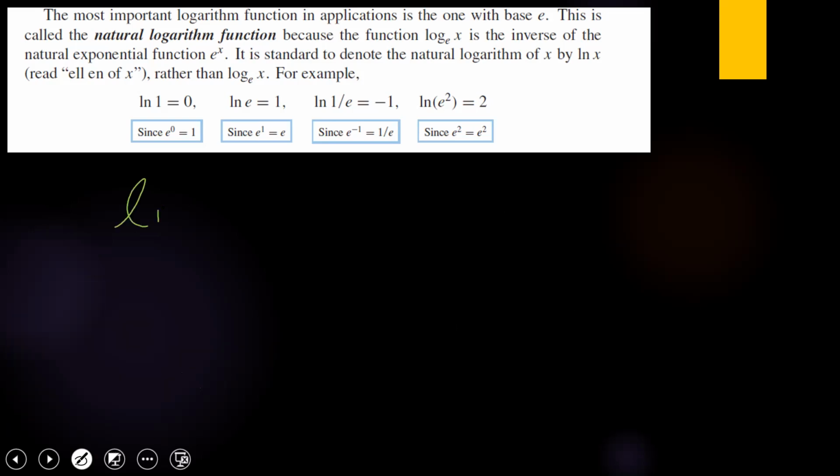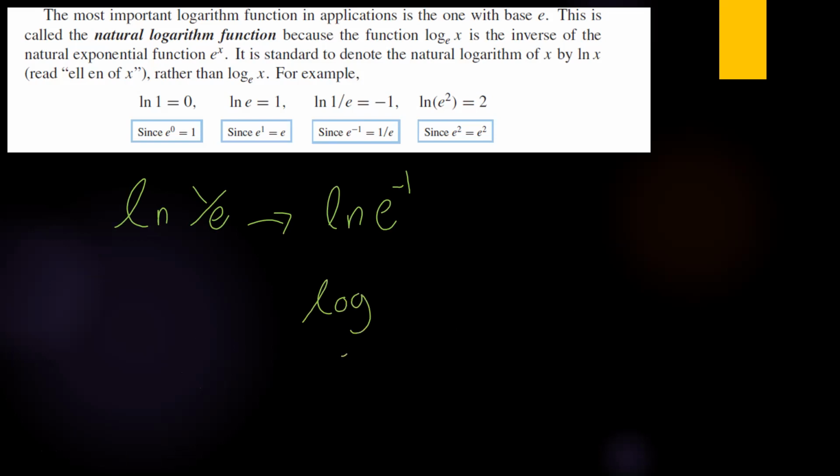Now, ln of 1 over e. Here it is like ln of e to the power negative 1. In your mind, it is like logarithm to the base e of e to the power negative 1.